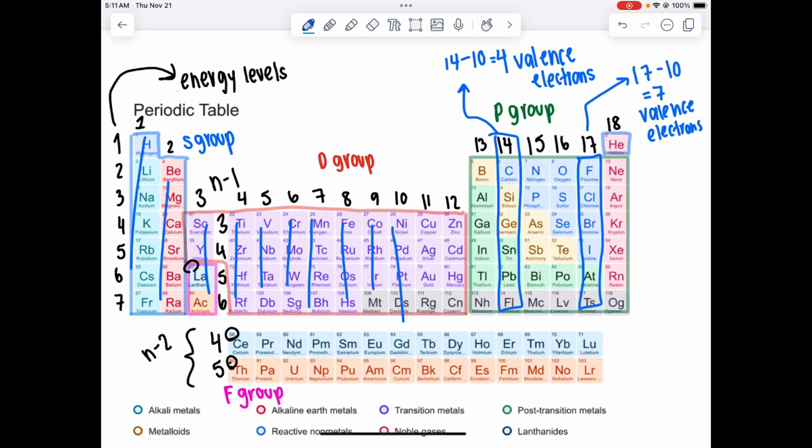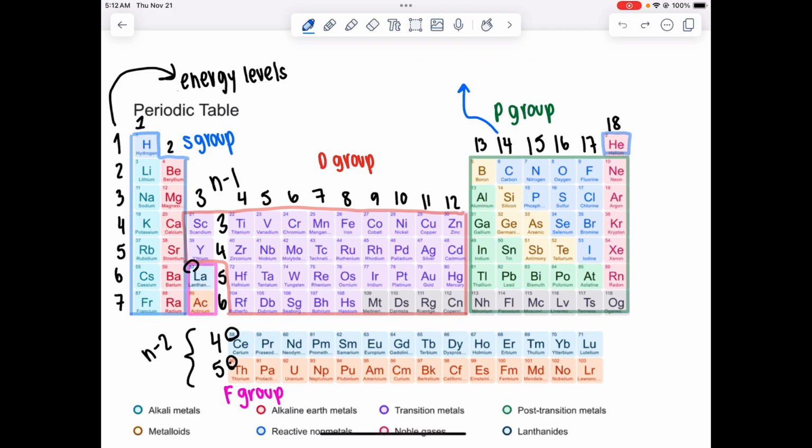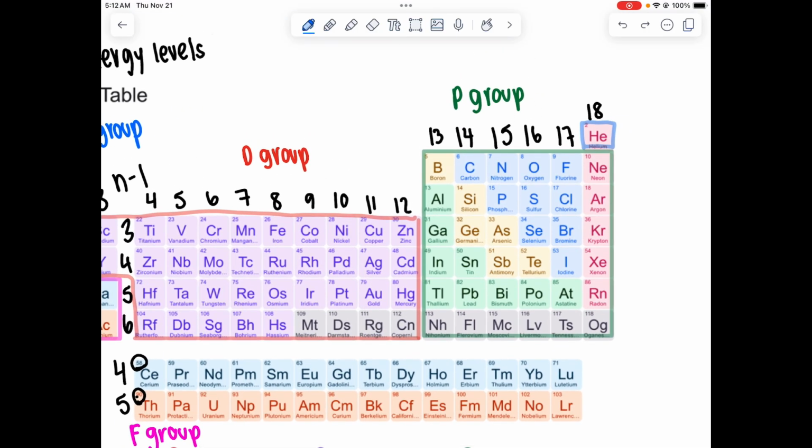Always remember that the minus 10 only applies to columns 13 and 18.